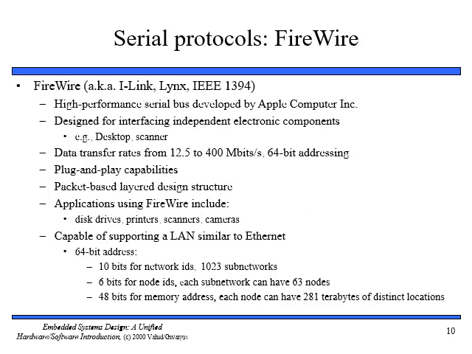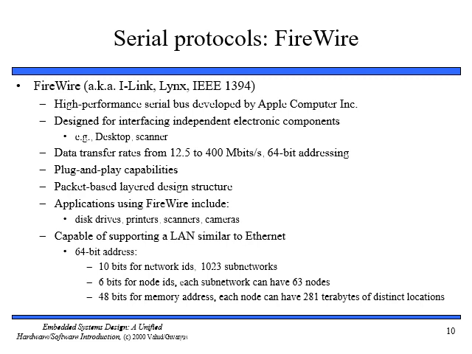Another form of serial protocol is the FireWire protocol. FireWire, also known as iLink, is IEEE 1394. It is a higher performance serial bus developed by Apple Computer, designed for interfacing independent electronic devices, for example desktop, scanner, and so on. It has data transfer rates from 12.5 up to 400 megabits per second, and it has 4-bit addressing.